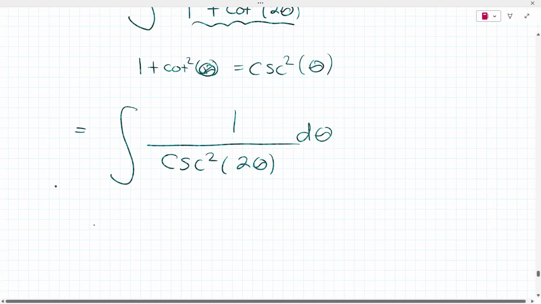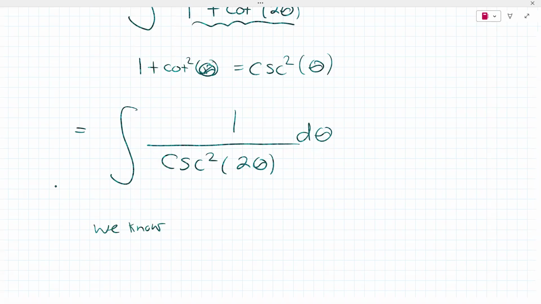What else do we know? Well, I know that 1 over cosecant theta is just sine theta.